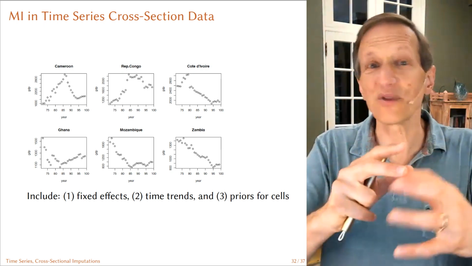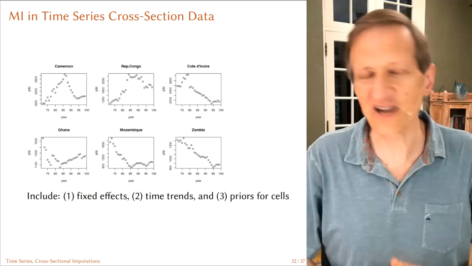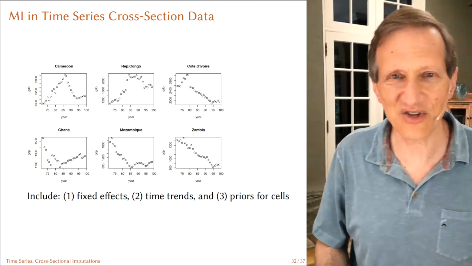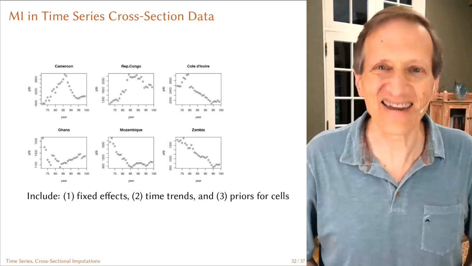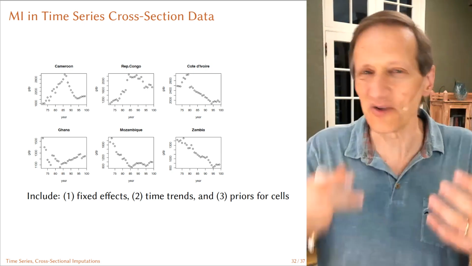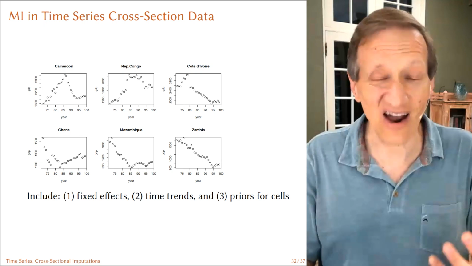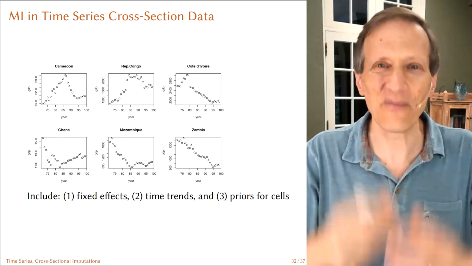And if, for example, there's no data from one of these African countries in a range of years, well, maybe there was a war going on or a famine going on in those years. We absolutely know a lot about what the data are like in those years. The mortality rates are higher during those two events. We may not know how much higher, but we certainly have important, valuable prior information about those.